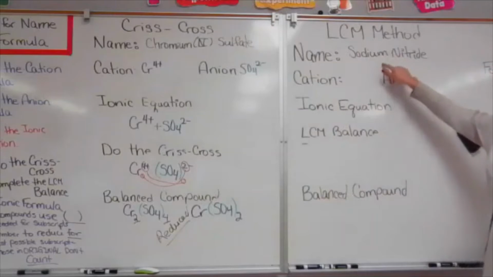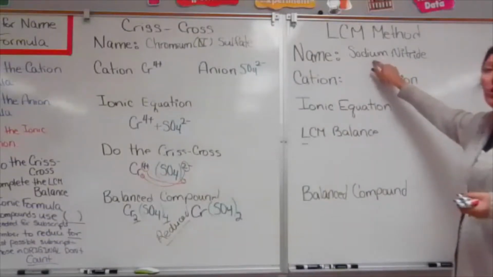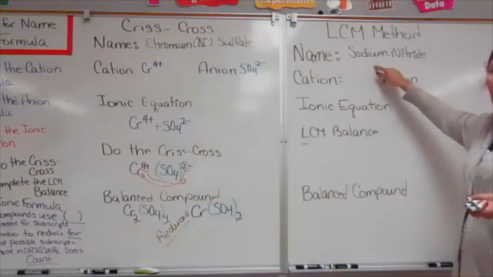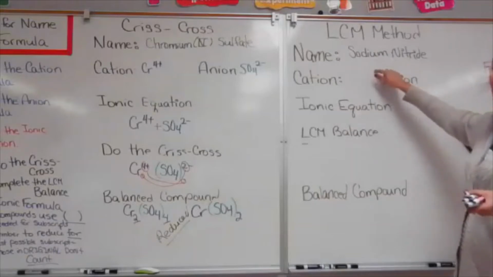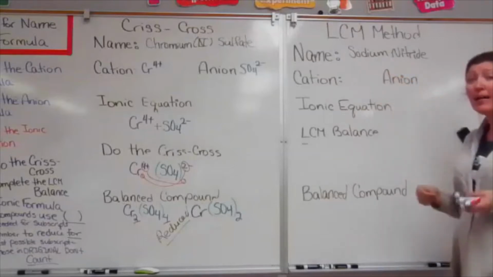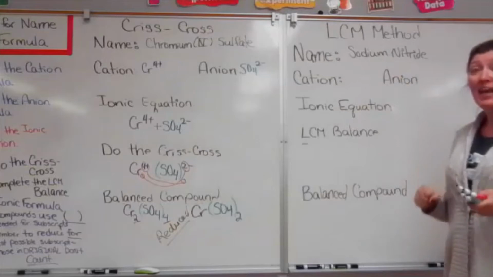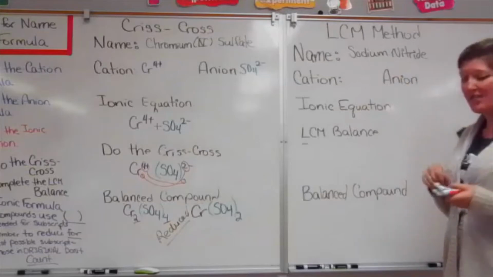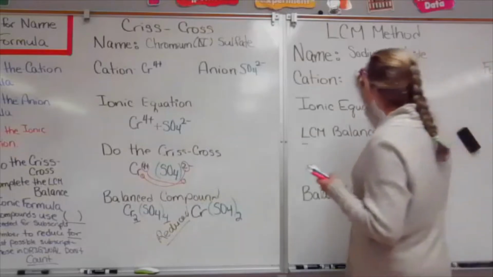One, sodium was written first, and your cation is always written first. And 2, sodium's in column 1. Column 1 is a metal, and metals are always cations. And we know the charge of column 1 is 1 positive, and cations are always positive. It's right in the name: cat, and they have pods. So the cation we can write down as Na1+.